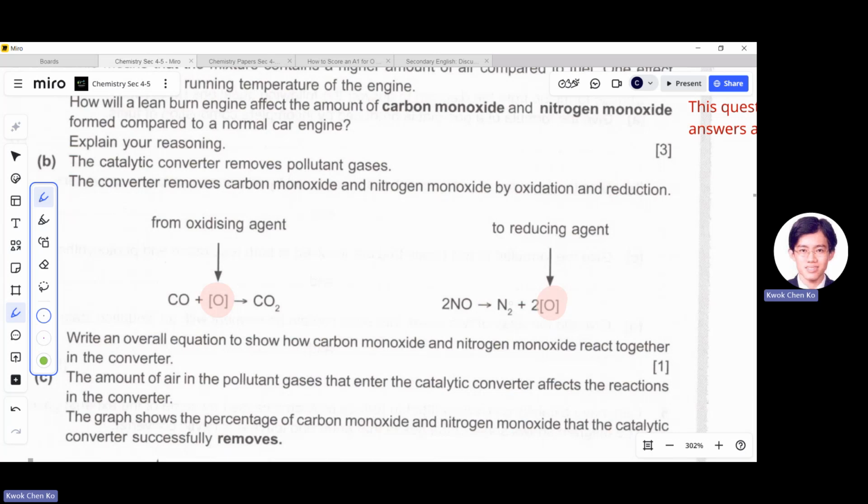Here I have 2 on the right-hand side. Here I have 1 on the left-hand side. So the logical thing to do is I have 2 there, I have a 2 here, I have 2 here, basically to balance that oxygen.